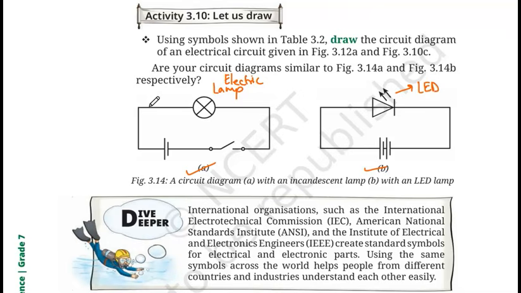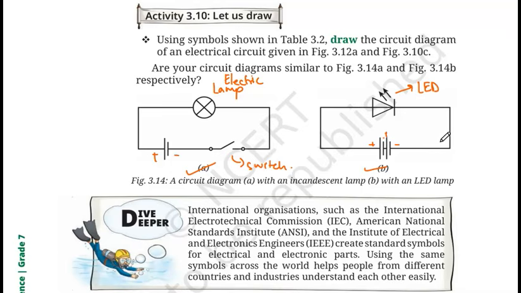Now, as we saw, we are using these straight wires to connect. Then we have a switch over here. The switch is in the off position. And then we have a cell over here. In the second circuit, we have used a battery, that is a combination of two cells. And then it is connected to the LED.